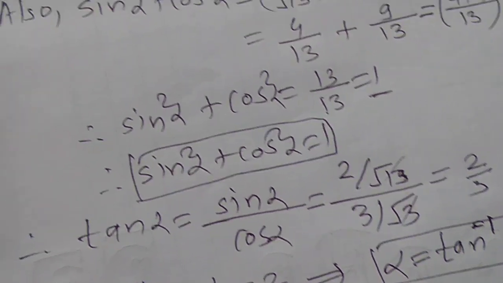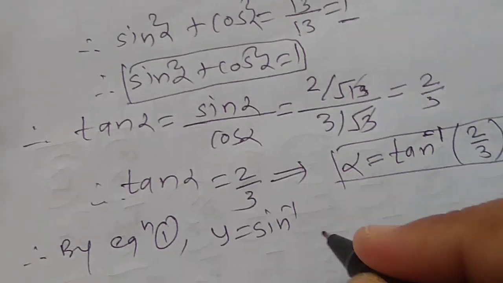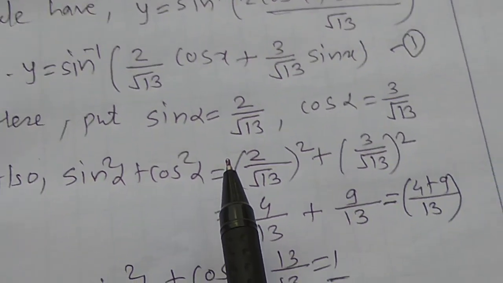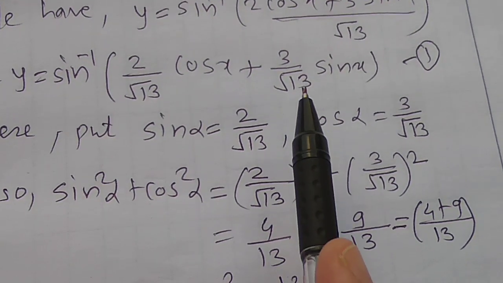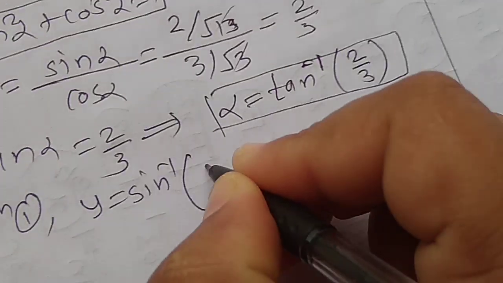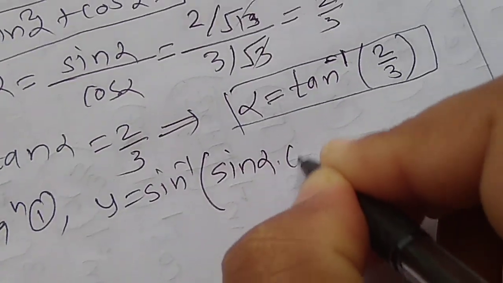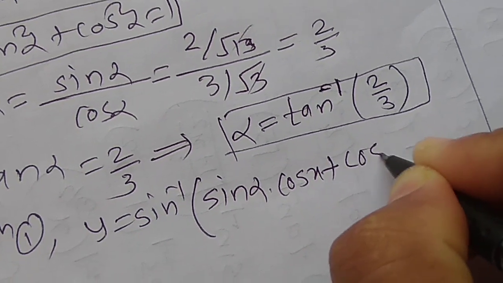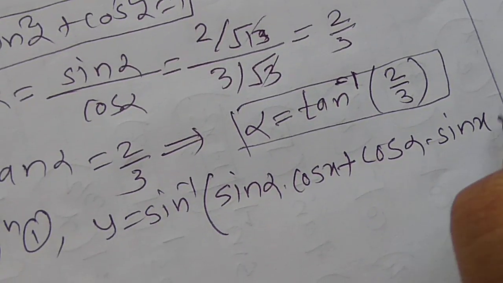y is equal to sine inverse of 2 upon root 13 means sin alpha and 3 upon root 13 means cos alpha. We have to put in our equation 1, that is sin alpha into cos x plus cos alpha into sin x.